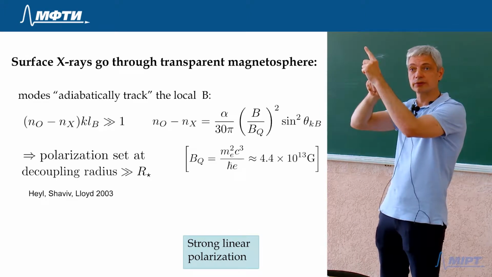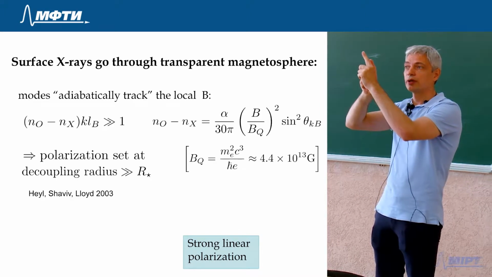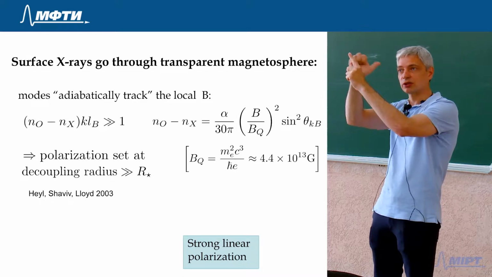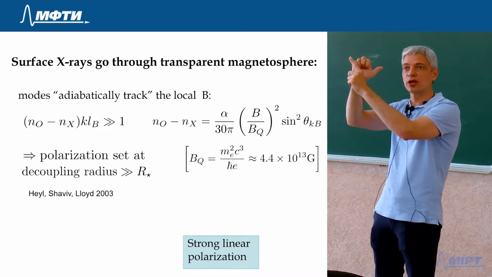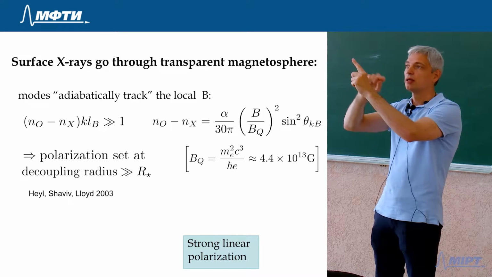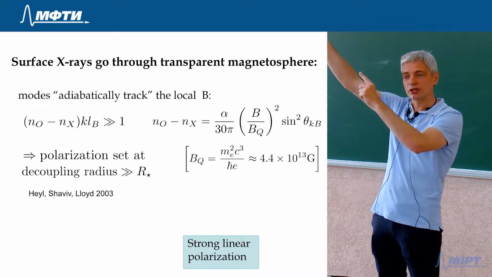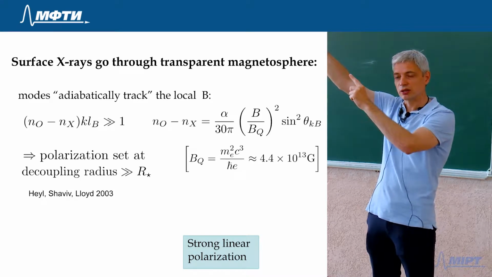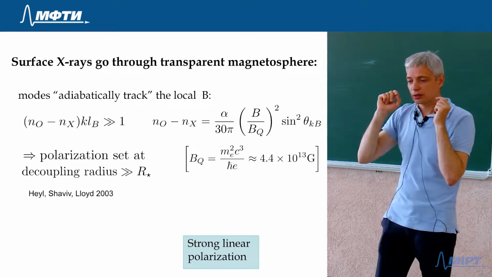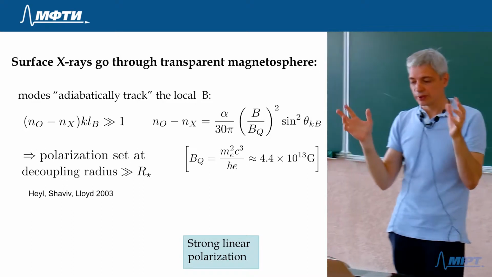And so the polarization, the direction of the electric field, is going to track that change until the photon reaches large distances from the star where it decouples, where the field is basically weak enough.